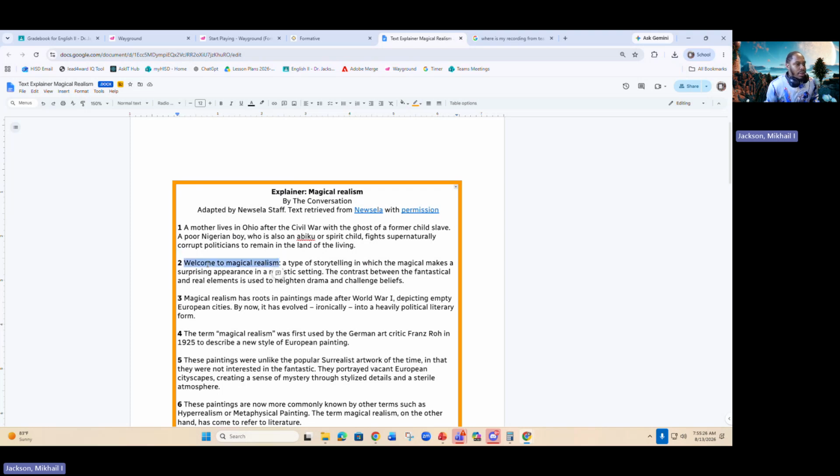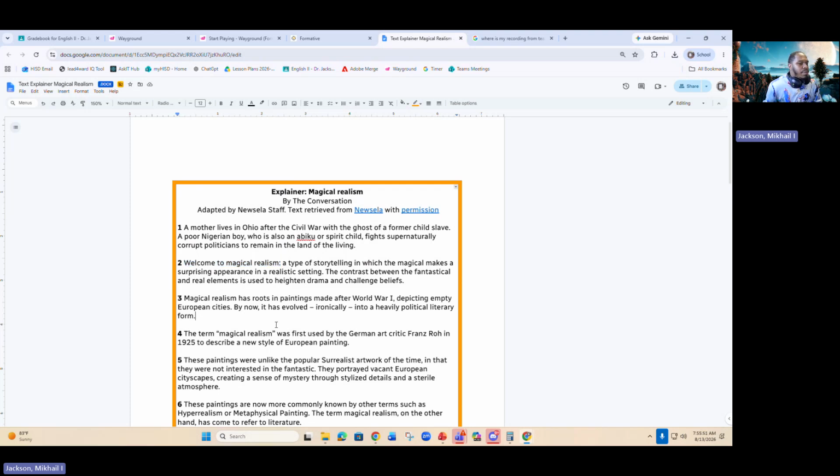How do I know it's a welcome to magical realism? Well, it's talking about ghosts right here, and it's talking about different magical realism stories. For example, one story is about a mother who lives in Ohio. Another story is about a poor Nigerian boy who fights off supernaturally corrupt politicians. So that's basically an introduction to magical realism. So these two paragraphs, I'm just going to say they're about magical realism.